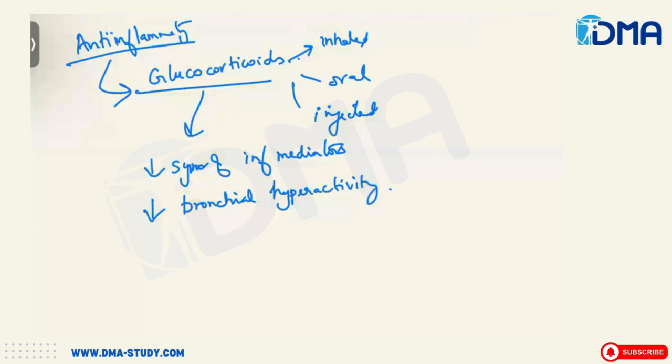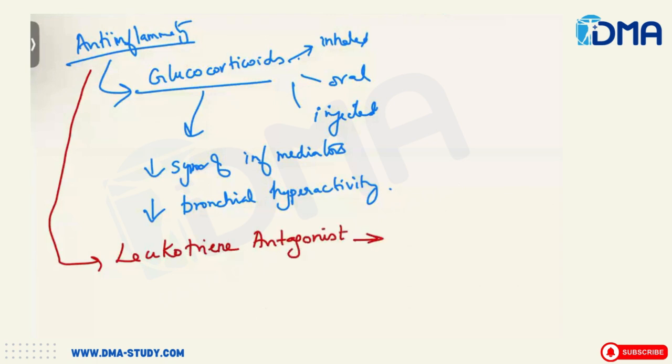The other anti-inflammatory agents that are used are the leukotriene antagonists. Leukotriene antagonists, examples: montelukast, zafirlukast.